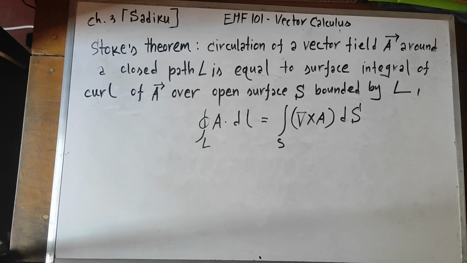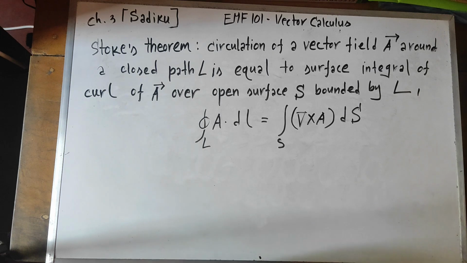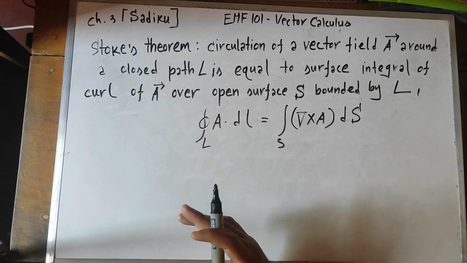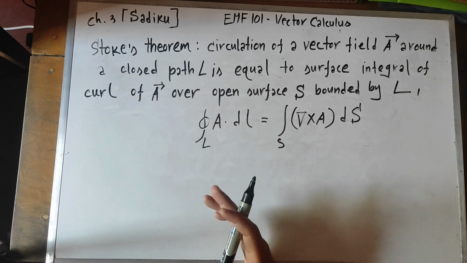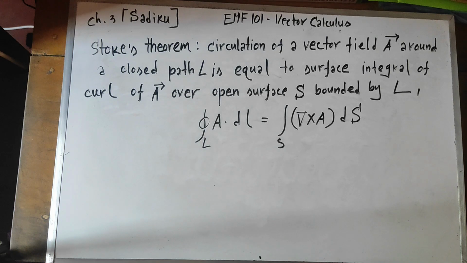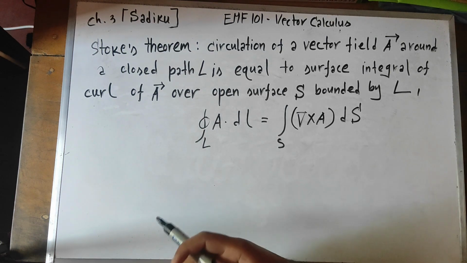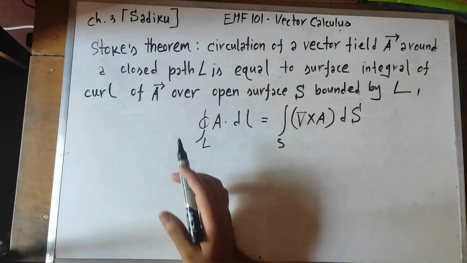In the previous video I discussed the curl of a vector. The curl of a vector is a vector which measures the maximum circulation of a vector per unit area, and the direction of the circulation is normal to the surface of the circulation. So the curl of a vector has its corresponding theorem called Stokes' theorem.